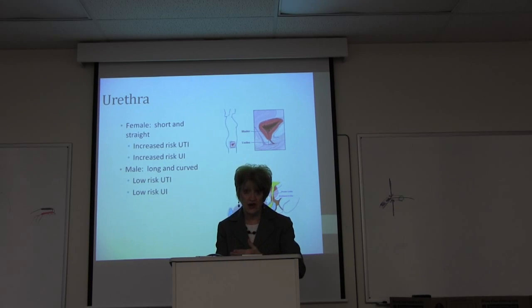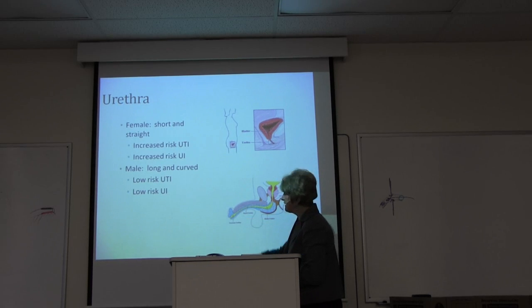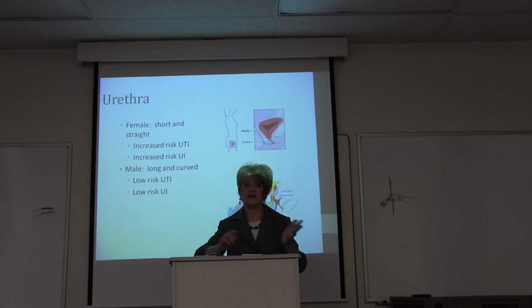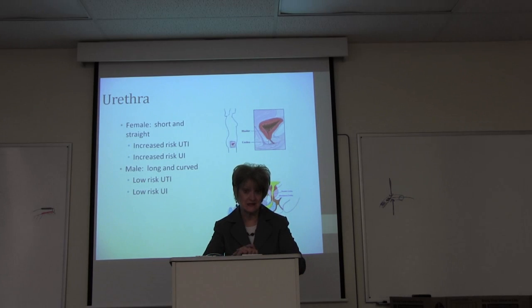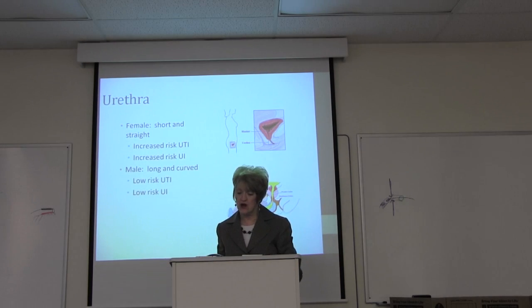Female is short and straight, which means that females have a much higher risk of UTI and also a much higher risk of urinary incontinence. The male urethra, of course, curved and long, so that means that they have enhanced resistance to urinary tract infection, and they're much lower risk for urinary incontinence. Again, we're going to talk about that in much greater detail when we get to the continence module.